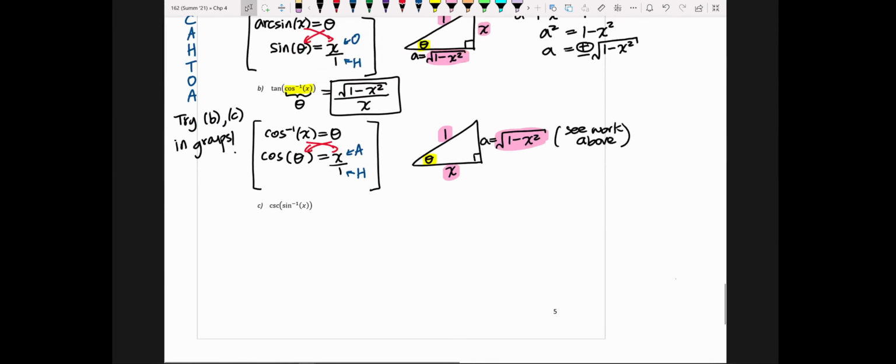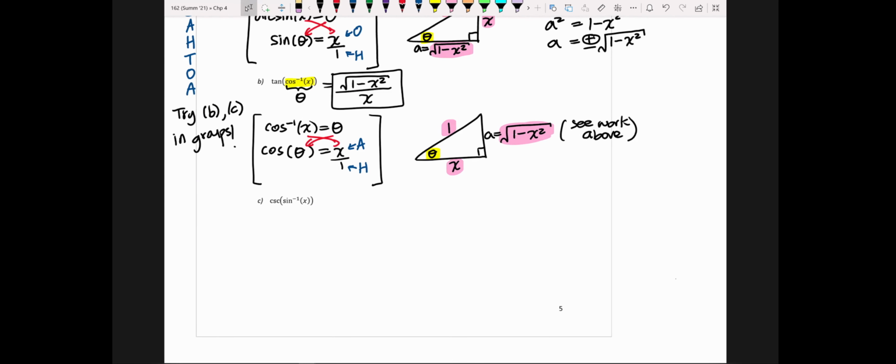So part B, we should have square root of quantity 1 minus x squared, and then all divided by x. Last one, part C. Okay, so Miguel, what should we set equal to theta? That's right.